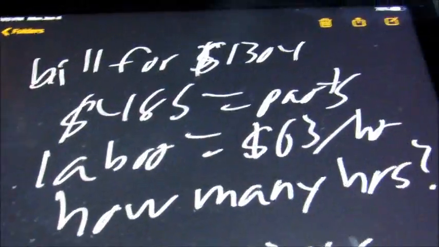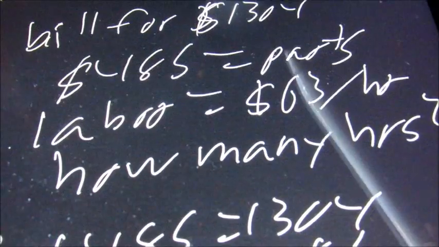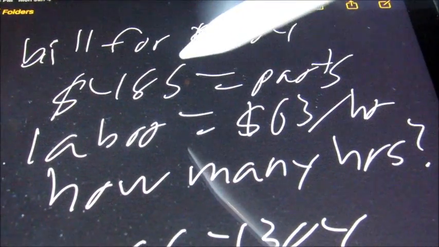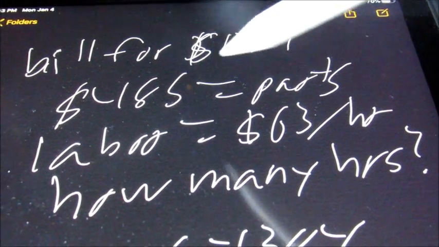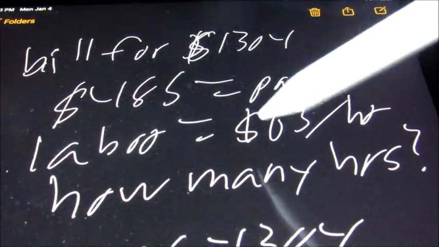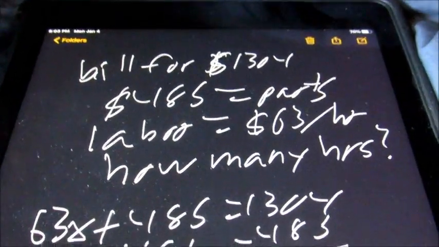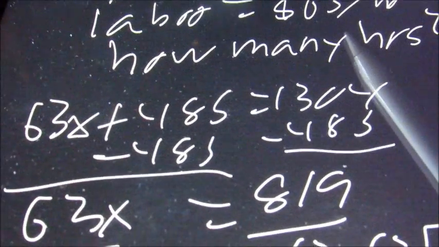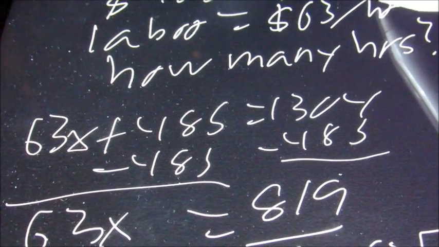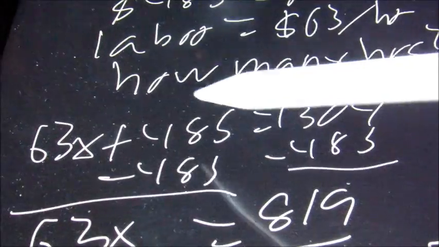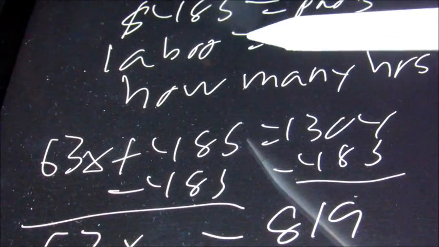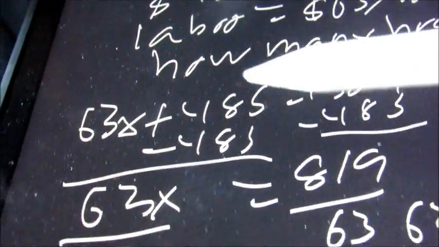So again, what we have here is our total bill is $1304. The breakdown is $485 for parts, and the labor is $63 per hour. We want to know how many hours. So it's going to be 63 times the number of hours plus 485 for the parts equals 1304.